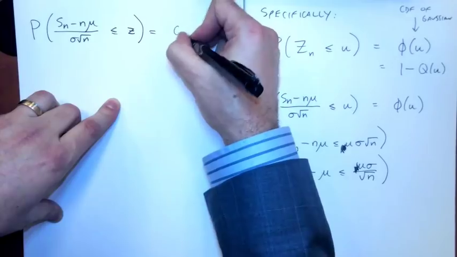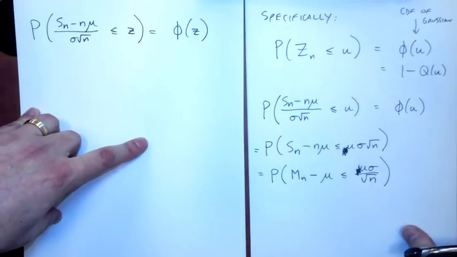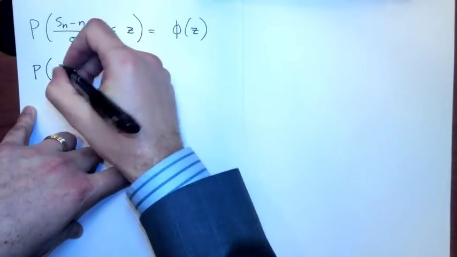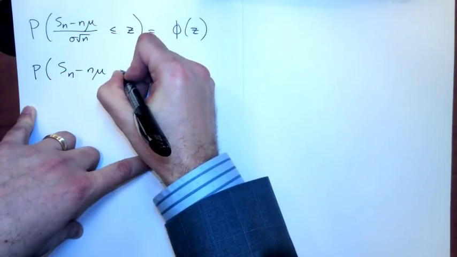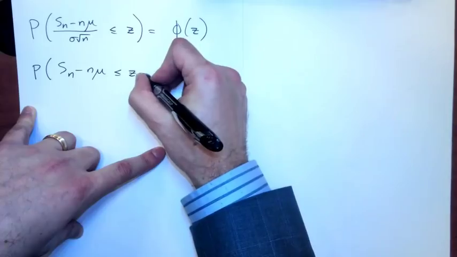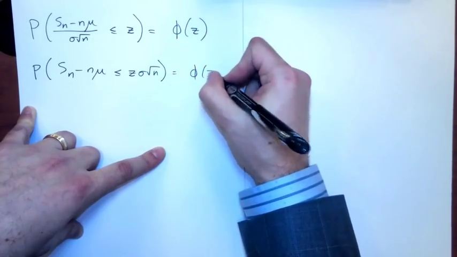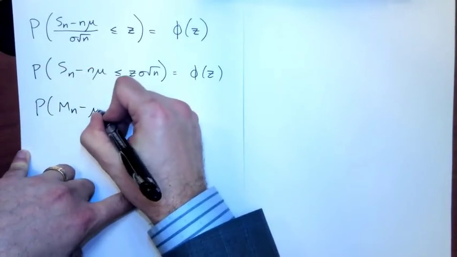This is equal to phi of z. I'm just getting rid of the mu u confusion, so again, rewriting what I wrote before, nothing has changed. I only do this because you're going to see z in the book and in the notes and all that stuff. If I divide by n, I get this.